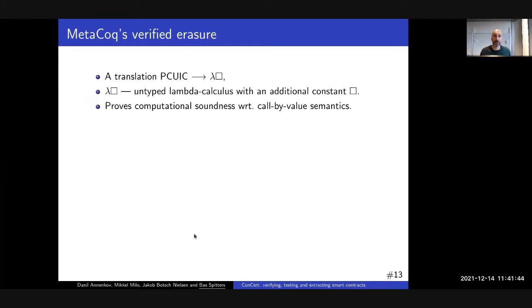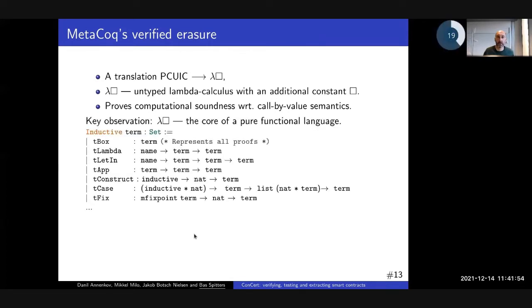So this erasure gives us a translation from PCUIC to LambdaBox, and it proves the computational soundness with respect to a weak call-by-value semantics. Now, here you can see what this looks like, and as you can see, it's an entirely standard functional language together with a box construction that I'll explain in a minute.